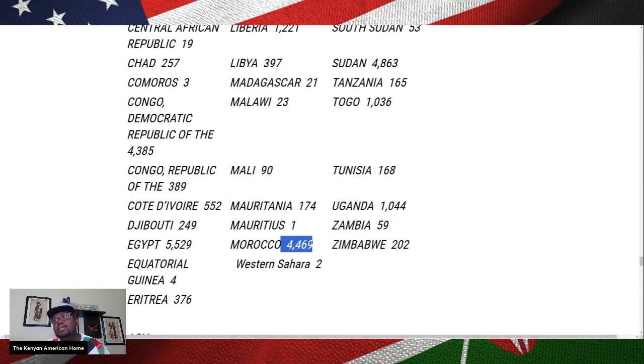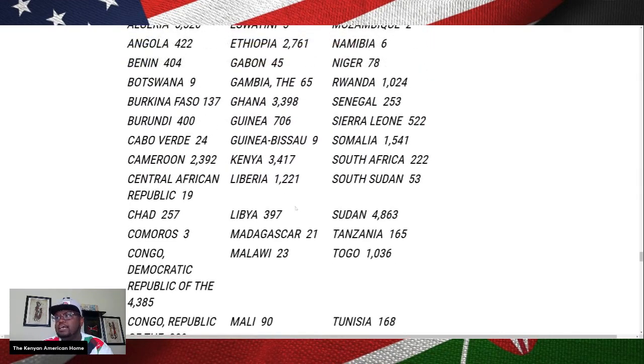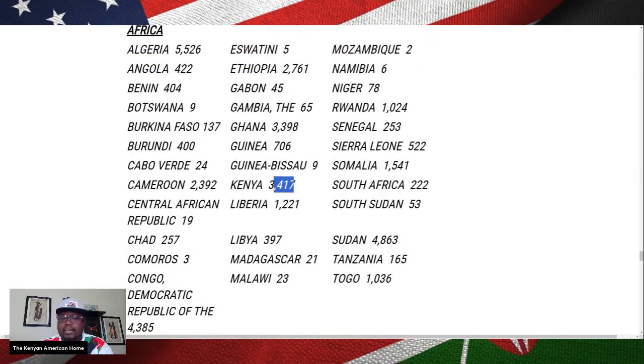So you'll see the Northern African countries, they win a lot. Kenya has the highest who win. Ghana is also up there for the number of people who are selected. South Africa, so this is your country. There are 222 people who won from South Africa.